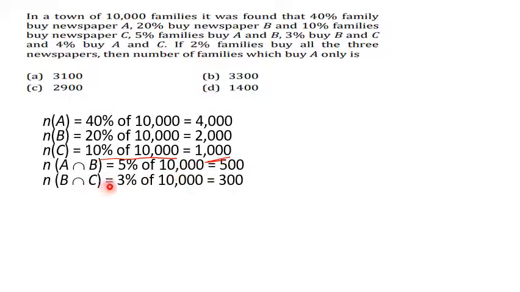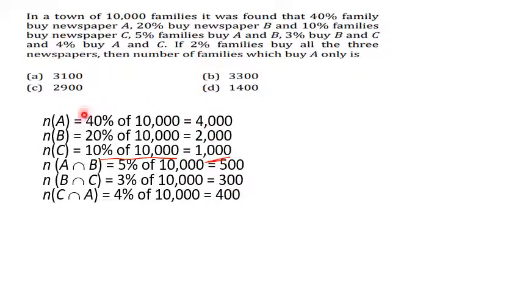Similarly B intersection C is 3%, families who read both B and C newspapers, 3% of 10,000 which is 300, and C intersection A, people who read newspapers C and A, is 4% of 10,000 which is 400.